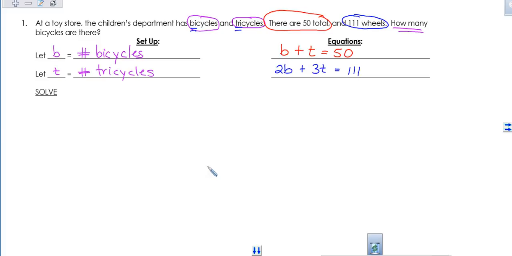Okay? So this one wasn't as straightforward when it came to the setup, but if you actually think about what it's trying to say, you think about the word total, meaning you add up what all you have, and the wheels here, well, we know bicycles and tricycles have wheels, and we should know how many each one has.